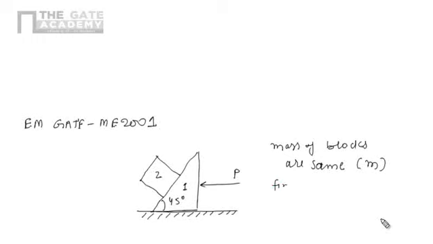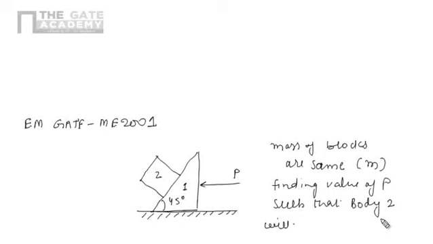So we are interested in finding the value of P such that body 2 will not slide on body 1.